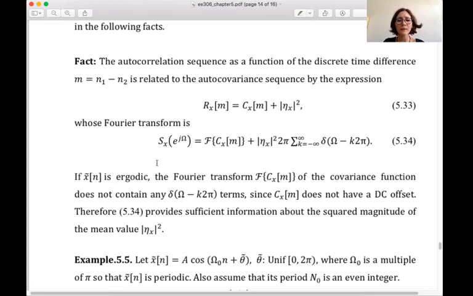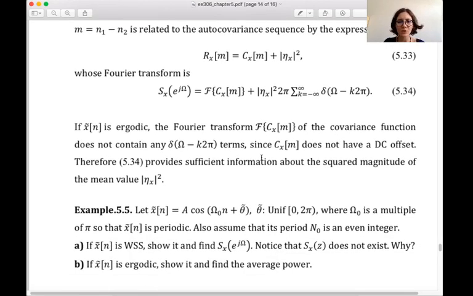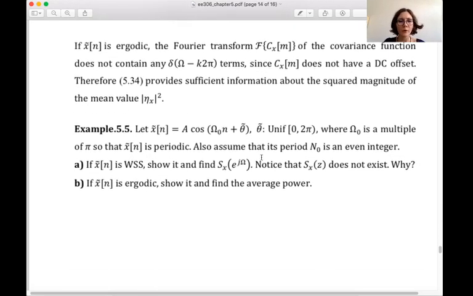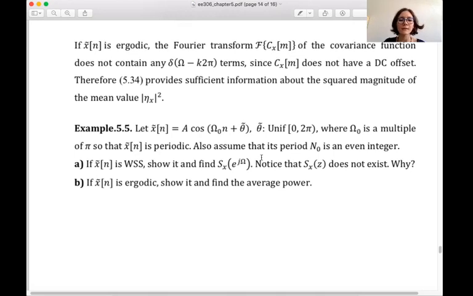When you inspect the PSD of a discrete time random process, you look whether there's an impulse at omega equals 0. If there is an impulse present at omega equals 0, then the DC power is non-zero. The strength of that impulse corresponds to the DC power of the process. So it's a very straightforward extension of what we saw for continuous time random processes.